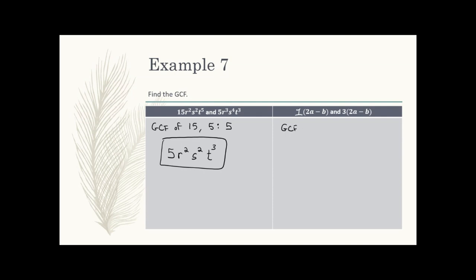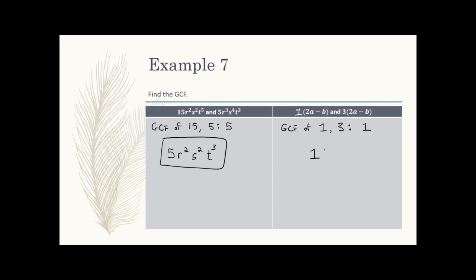So we're looking for the GCF of 1, which was not in front of the parentheses but would be assumed there, and 3. The biggest number I can divide out of both 1 and 3 is 1, so I'm going to have a 1 in my GCF. Now I'm going to look at the binomial factors, the things grouped in parentheses. I have a 2a minus b and a 2a minus b.